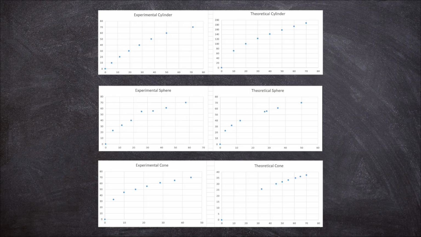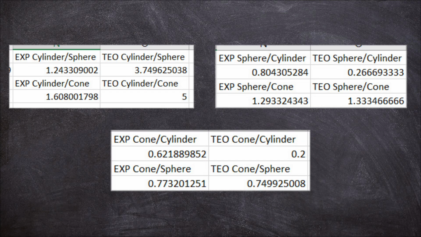However, what does change is the amount of time they take. This is because in reality we will see different frictions and viscosities that could influence the time the water takes. But if we compare the ratios between the experimental and the theoretical results, we'll see that they are actually pretty close together.